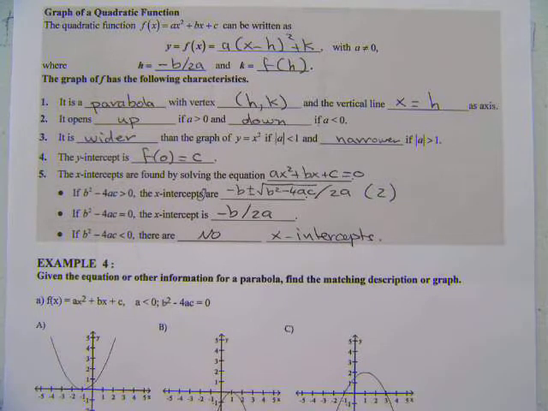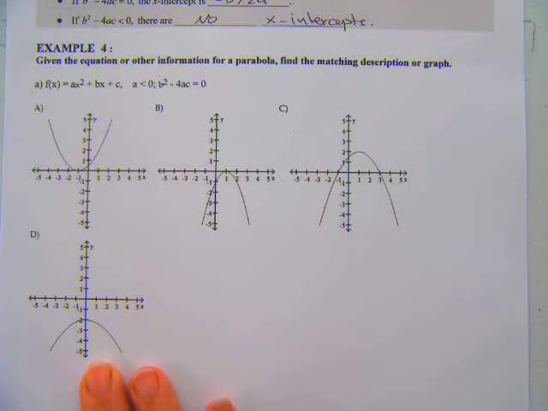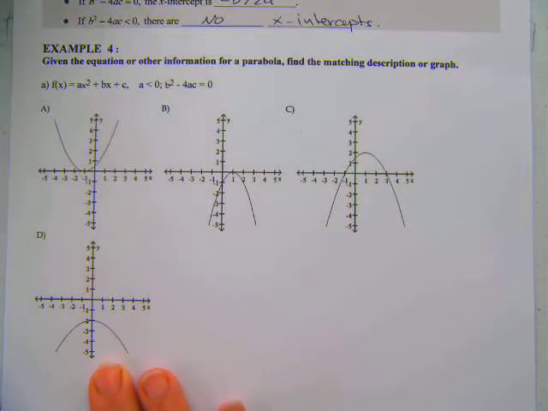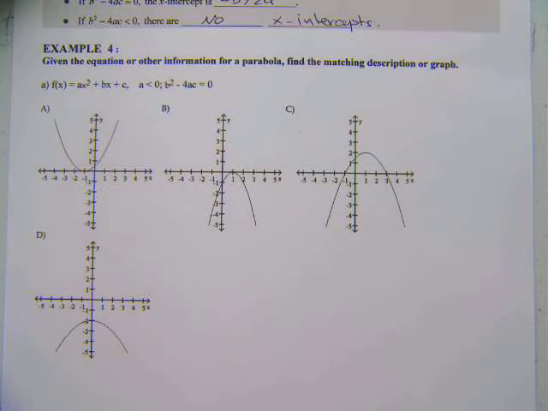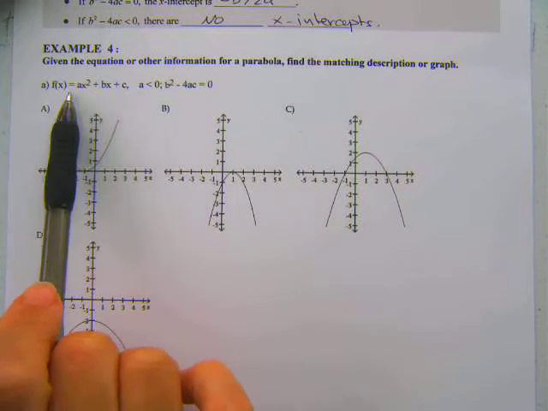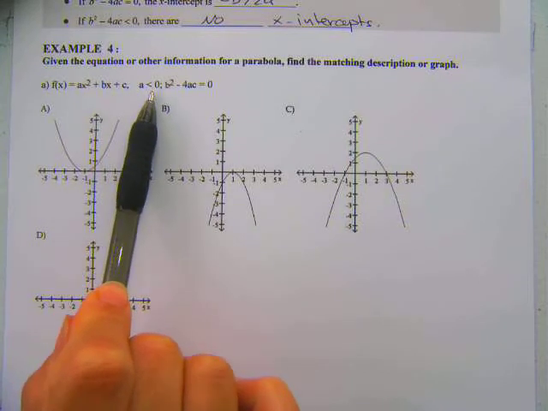Okay. Now, let's look at these two examples. You'll see something like that in your tests. So let's look at the first. It is going to be multiple choice too. Here's the situation. For this function, I have a is less than 0. We already know what that means.